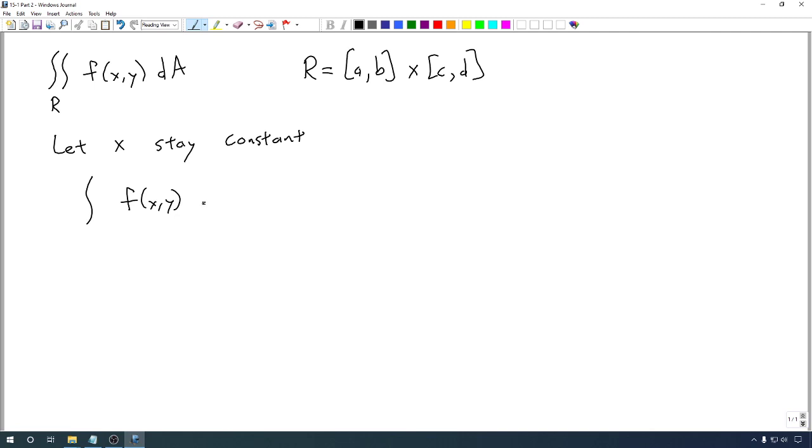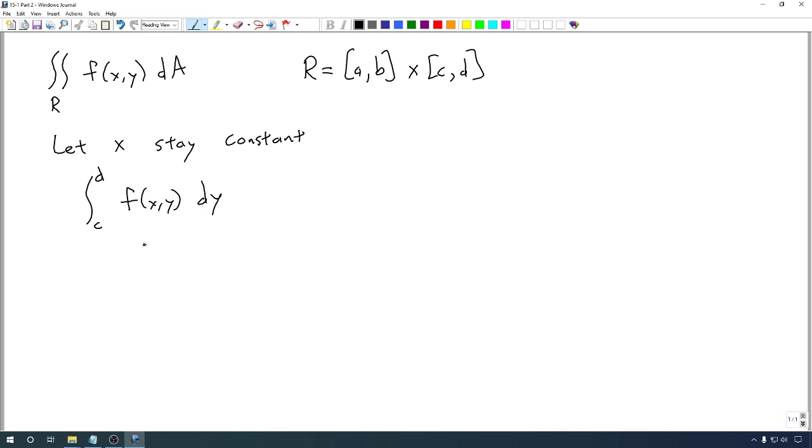We don't really care what it is right now, but we're integrating over y, and the y values range from c to d. This is an integral. We could call it a partial integral if we want to, but we don't really do that. But we'll just say that we're integrating it with respect to y.